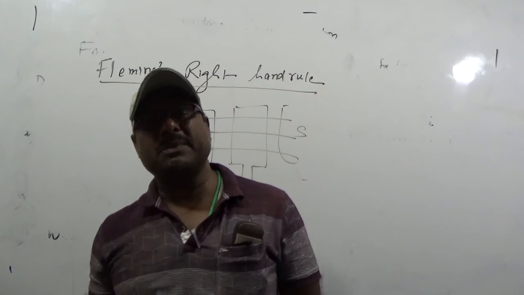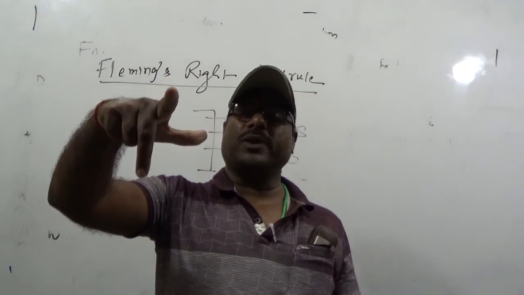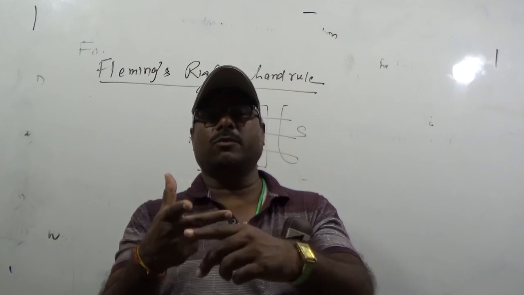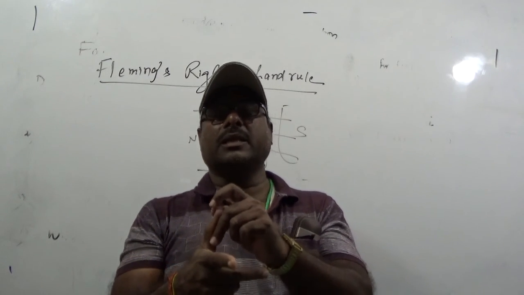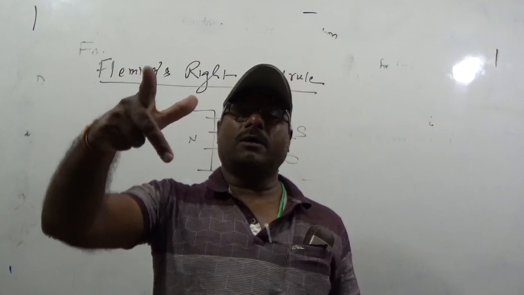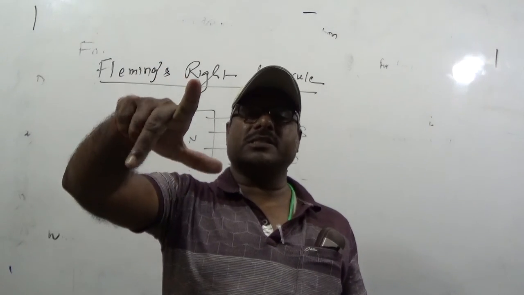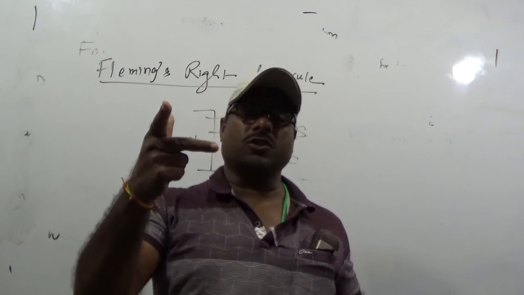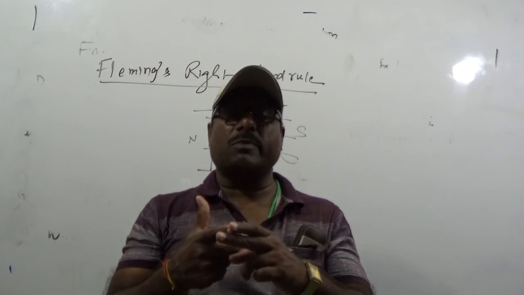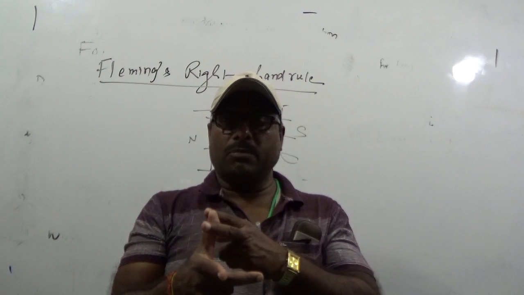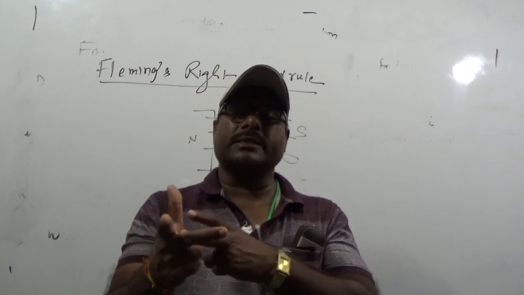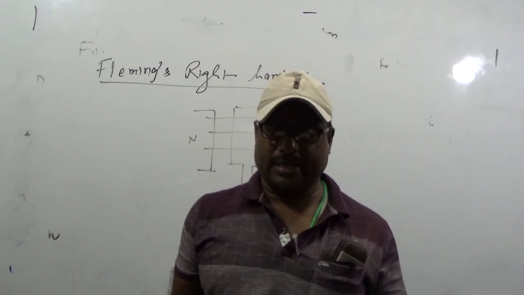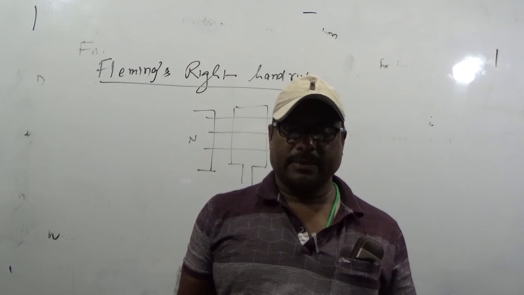The same way as Fleming's left hand rule, the right hand rule: I am telling you slowly, if the forefinger, second finger and thumb of the right hand are stretched in such a way that they are mutually perpendicular to each other, if the forefinger shows the magnetic field, thumb will show the motion, then the second finger will show the direction of current. Alright? So this is the thing.